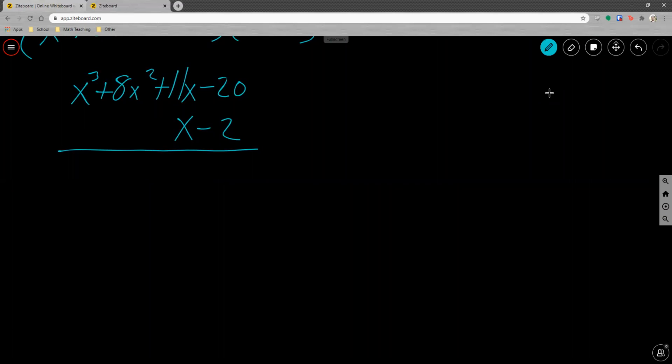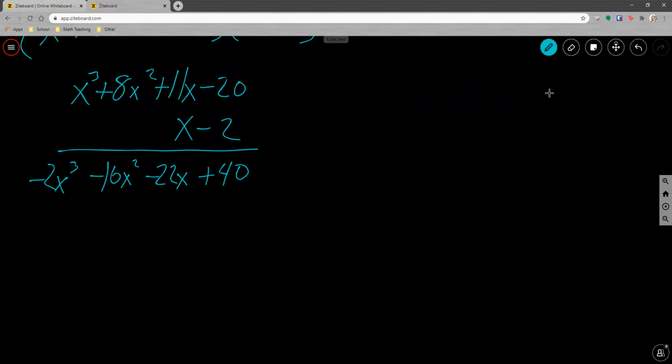So I'm going to go through and multiply everything. Negative 2 times negative 20 is positive 40. Negative 2 times 11x is negative 22x. Negative 2 times 8x squared is negative 16x squared. And negative 2 times x to the third is negative 2x to the third.